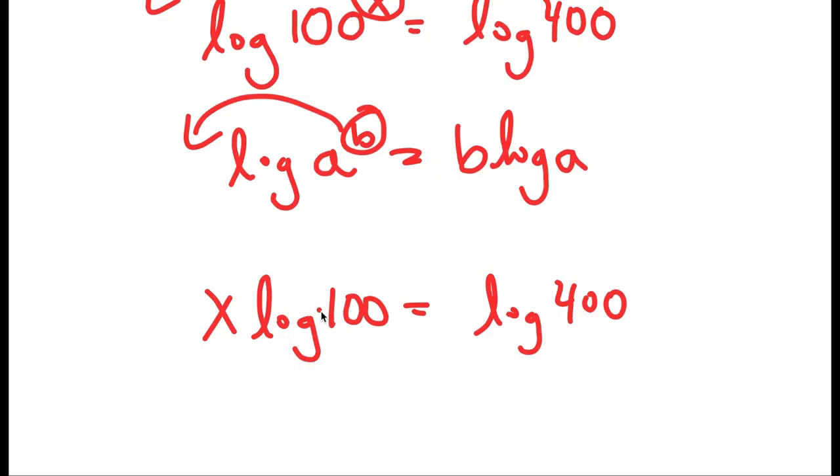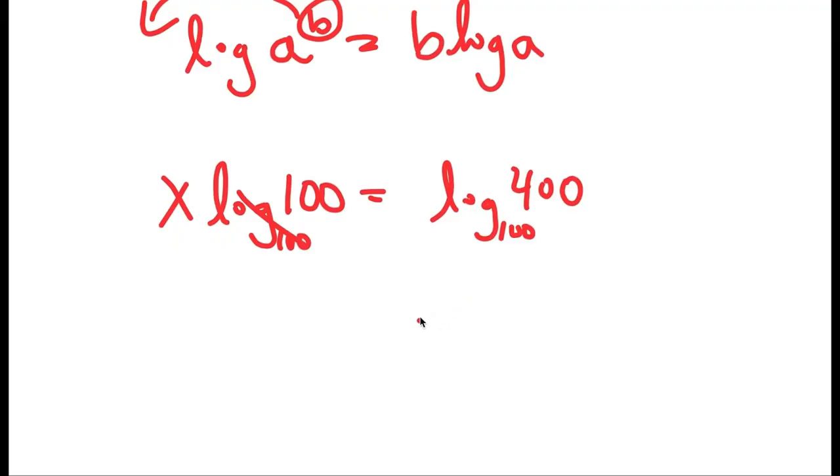Now, I'm going to take the log of base 100. Log base 100 of 100 is just 1. And log base 100 of 400, well, 400 is the same thing as 100 times 4.